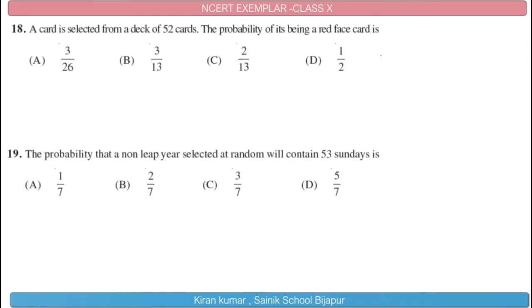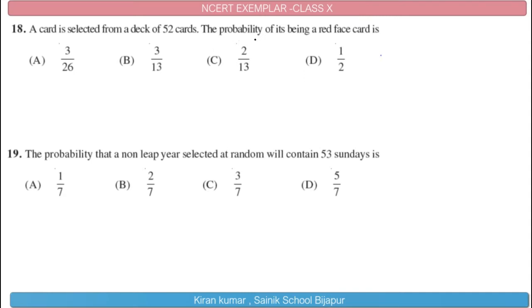Question 18. A card is selected from a deck of 52 cards. The probability of its being a red face card is. We all know that in a deck of 52 cards, 26 cards are red in color and the remaining 26 are black in color.